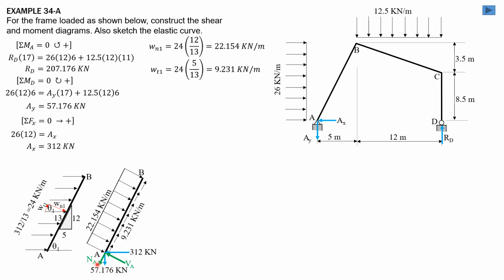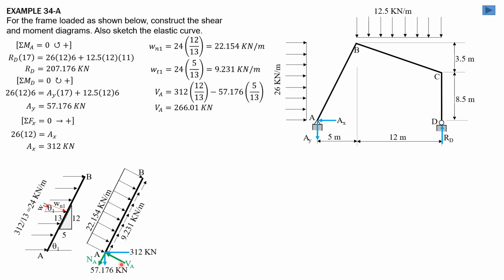So minus 57.176 times cosine of theta 1, which is 5 over 13. So VA is equal to 266.01 kilonewtons.